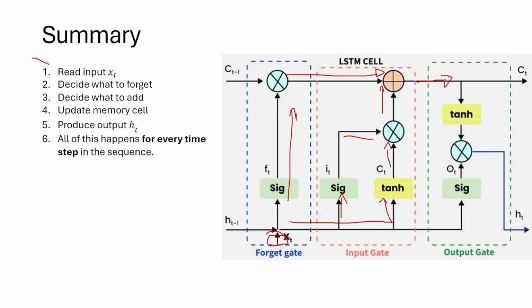And then we will also decide how much we should keep from it. And finally, have the output that we're interested in. All of this happens for every time step in the sequence. So for the next iteration, we will use this output as the input here, and this output as the input here, and we will do the same steps.